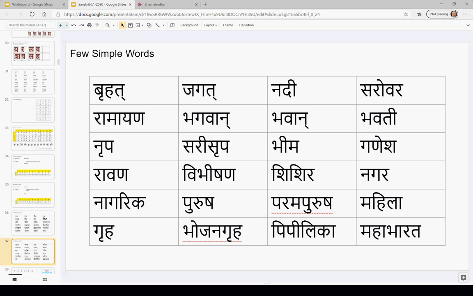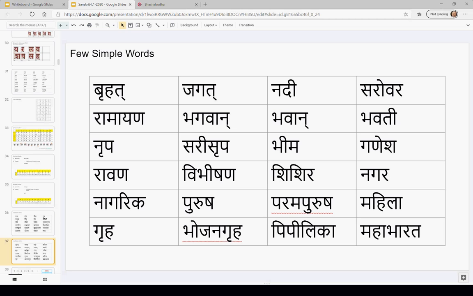Bruhat, that last ending we are trying to stop abruptly because it is a consonant. So we are not pronouncing it as Brahata. Technically it cannot be pronounced, so that is an approximation. Bruhat, Jagat, etc.